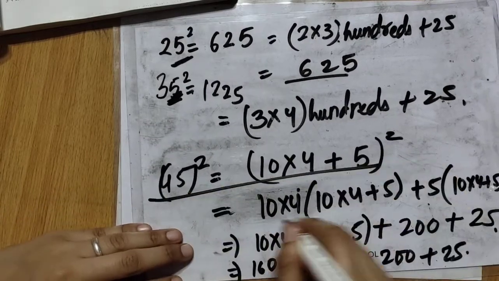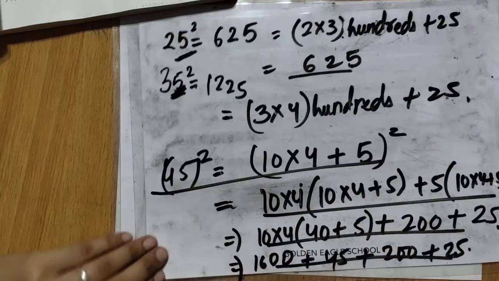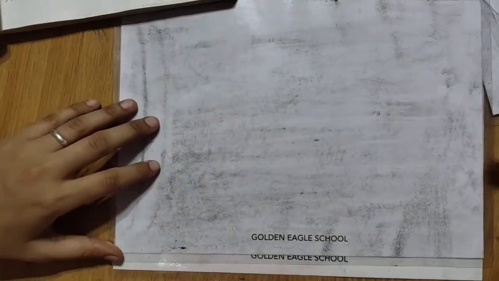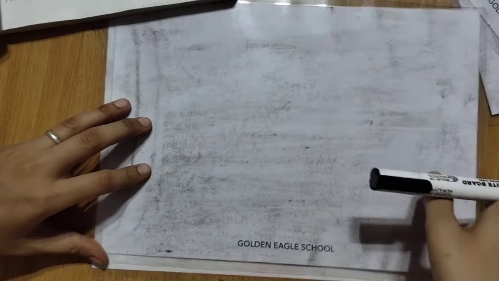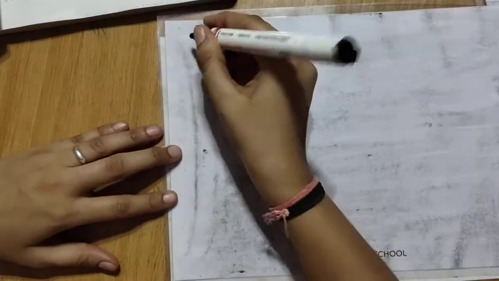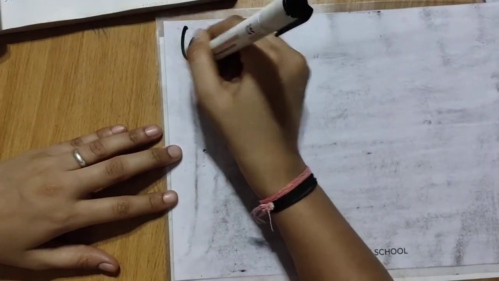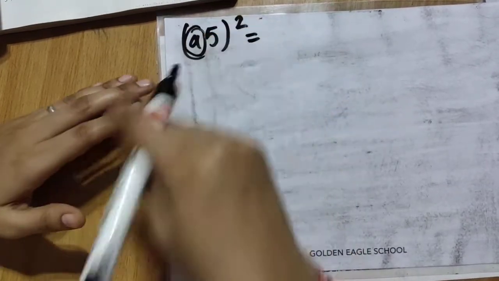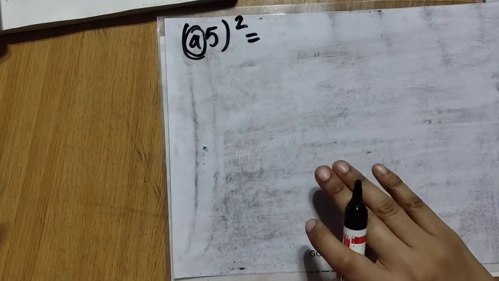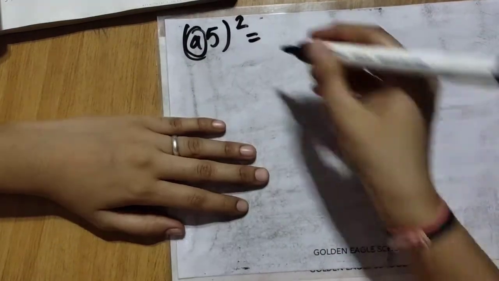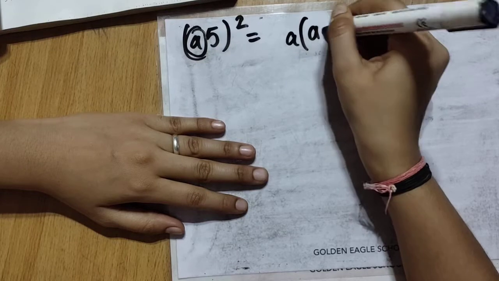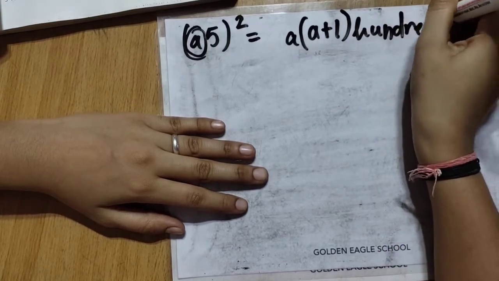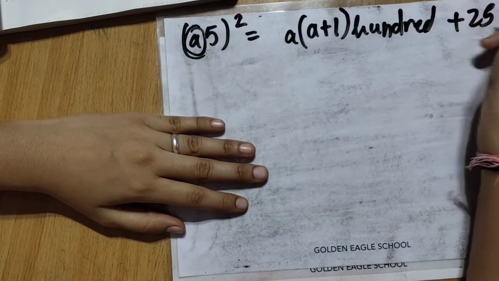When we want to change this into a formula, the formula will be simply this: when we have to find A5 square, some number is here at the place of A. It can be 4, 12, 13, any number. So this will be A into (A plus 1), then 100, plus 25.